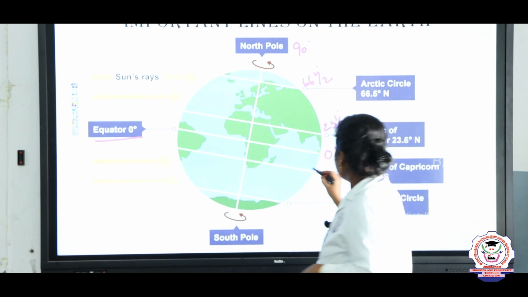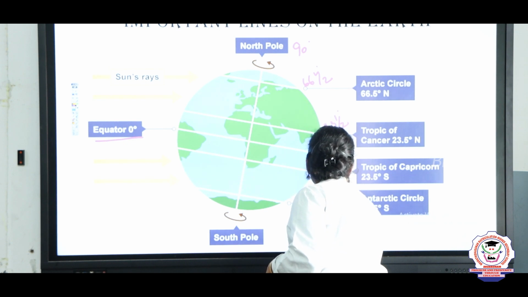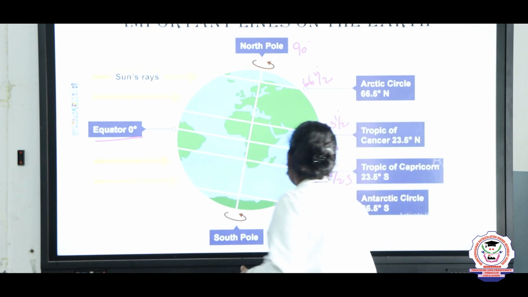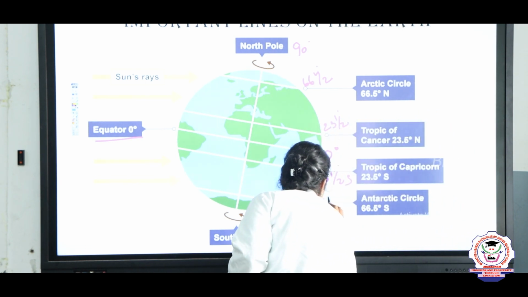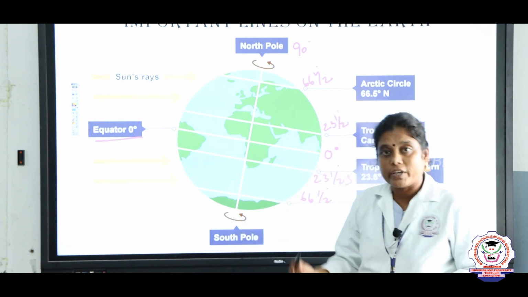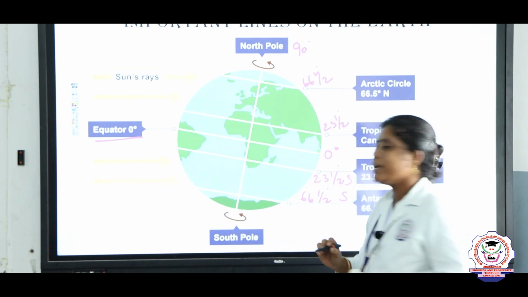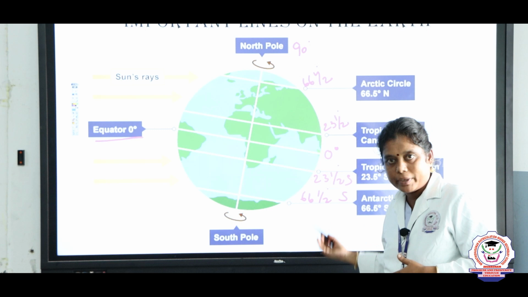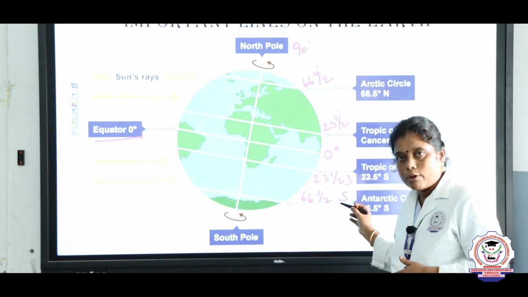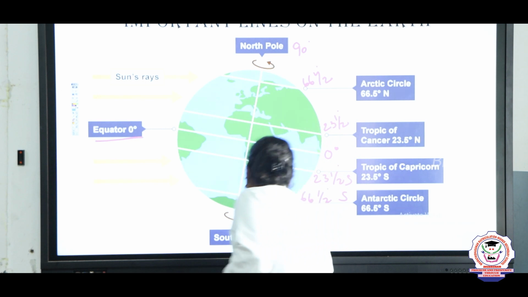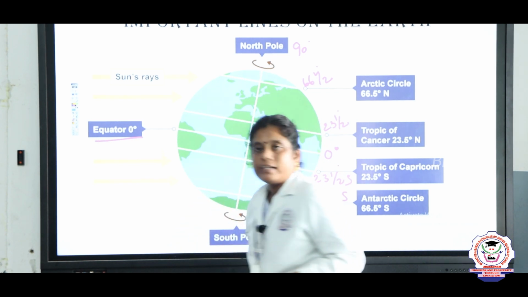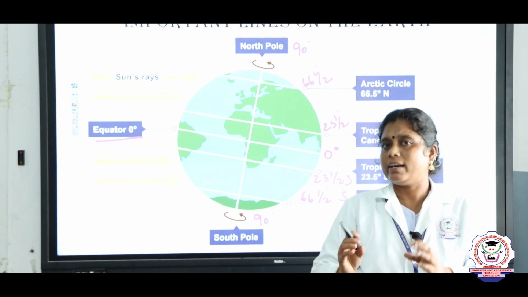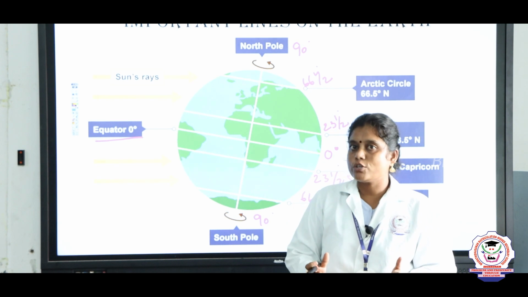In the same way, 23.5 degree south is the Tropic of Capricorn, 66.5 degree south is the Antarctic Circle, and 90 degree south is the South Pole. So these are a few important parallel lines, or we can say the latitudes.